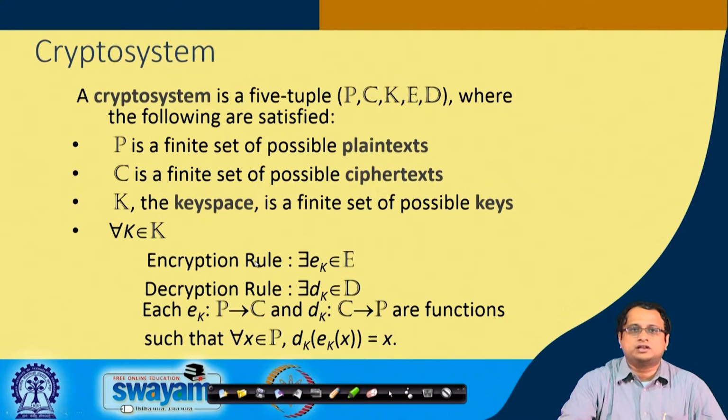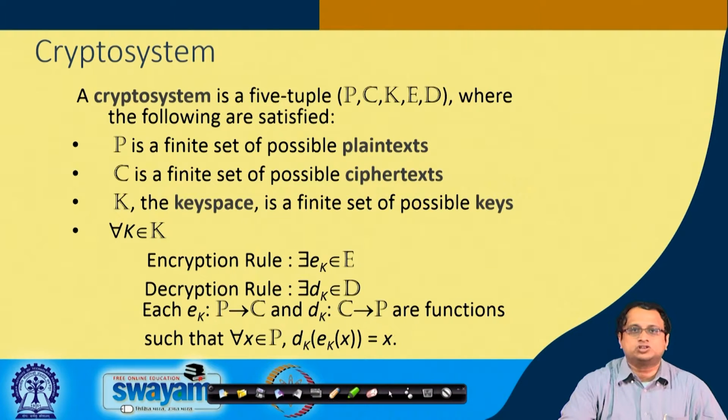If you try to understand in a more formal setting what a cryptosystem is: a cryptosystem is a 5-tuple often denoted by P, C, K, E and D, where P stands for the finite set of possible plaintexts, C stands for the finite set of possible ciphertexts, and K is the key space, a finite set of possible keys from which I choose a specific key.